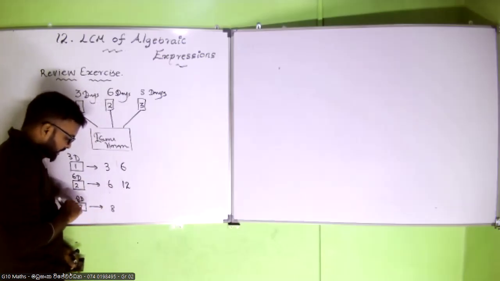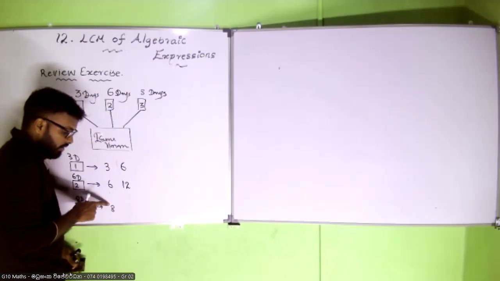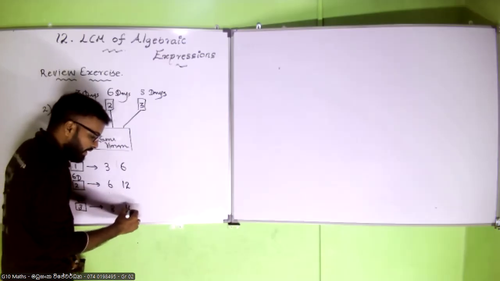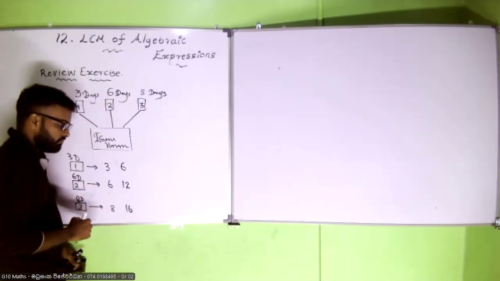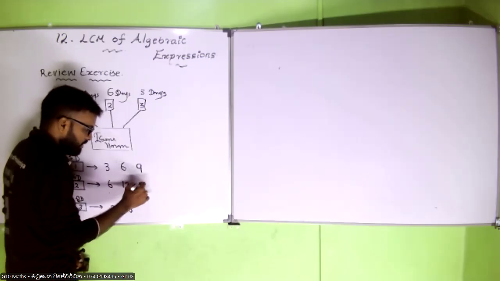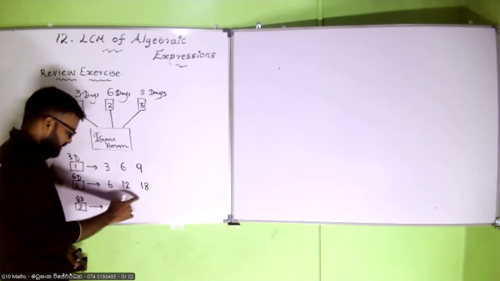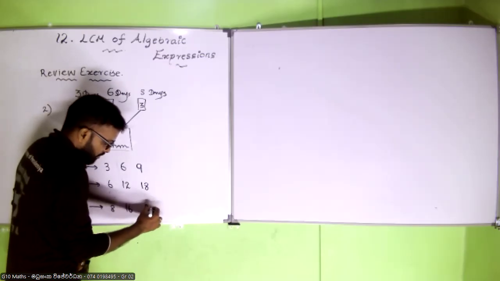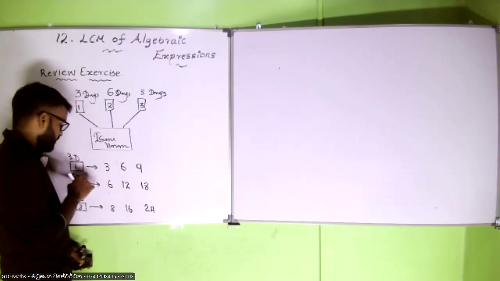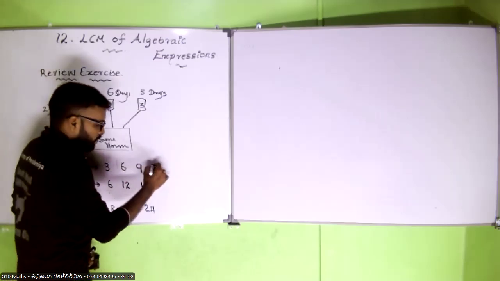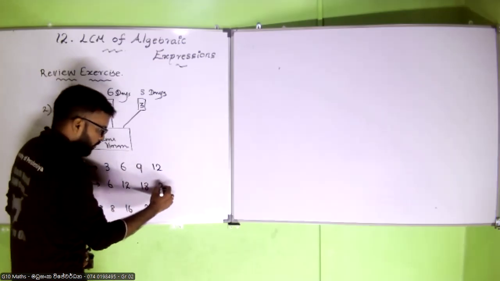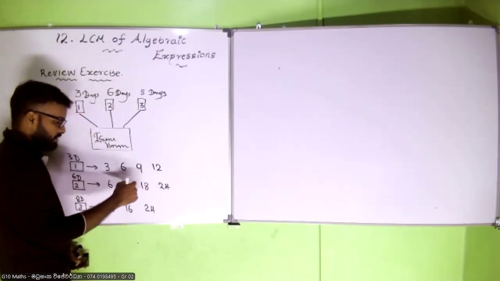The third van arrives after 8 days. 8 plus 8, 16. Again for the first van, 6 plus 3, 9; 12 plus 6, 18; 16 plus 8, 24. Then 12, then 24.